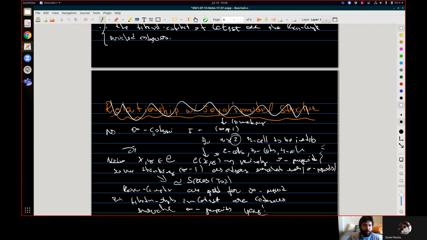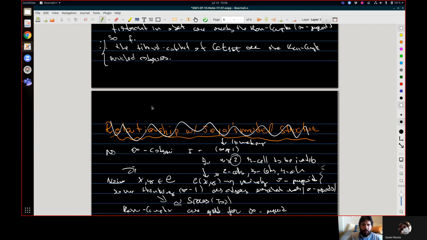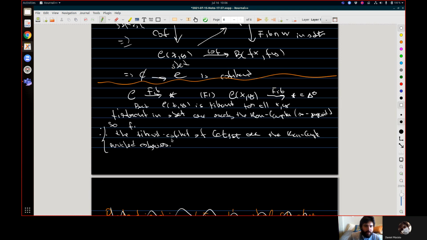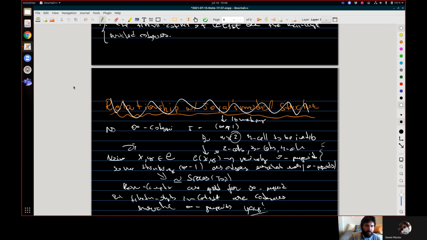So this model structure is what we wanted it to do. And as I said before, this model structure relates quite nicely with the Joyal model structure, which is the model structure for infinity categories. So, okay, so that's it.